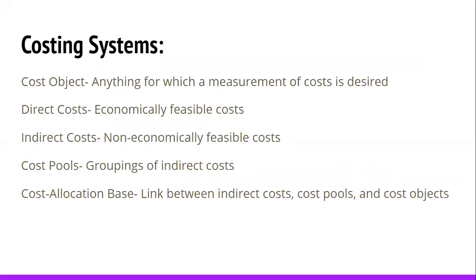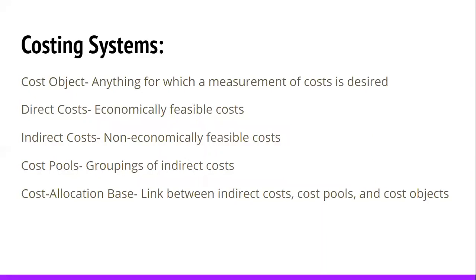Just a few terms that go along with costing systems: a cost object, which is anything for which a measurement of costs is desired. Direct costs are economically feasible costs, or costs that you can directly attribute to the product or cost object.